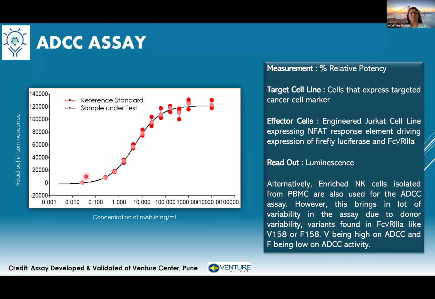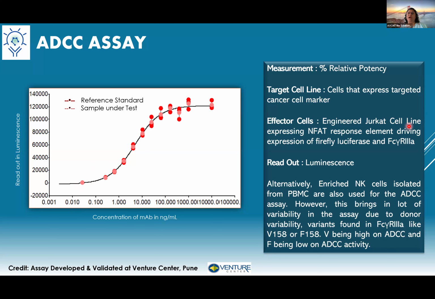Therefore, the signals that are coming up are coming from the effector cells. So the more antibody present, the higher will be the binding to the target cells, and therefore higher will be the recruitment of the effector cells onto the target cell. And thus we can see that there is an increase in the signals with increasing concentration of the antibody.